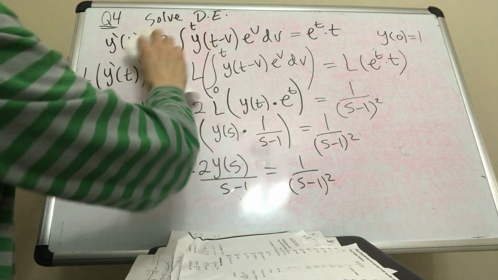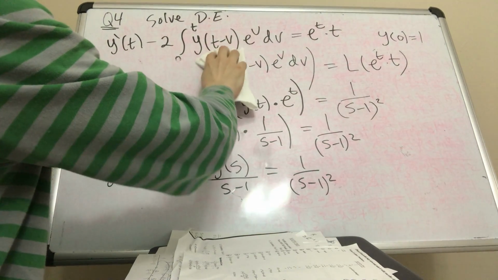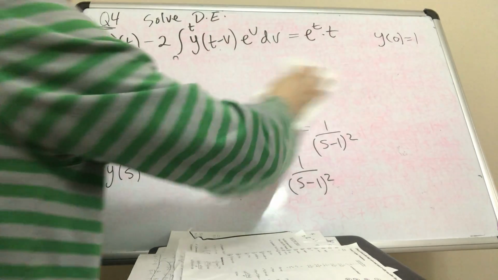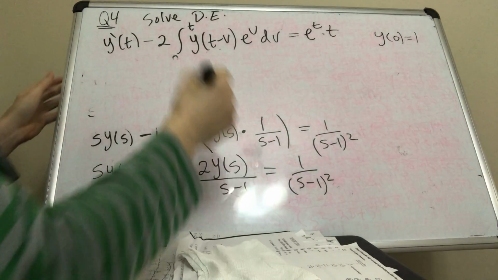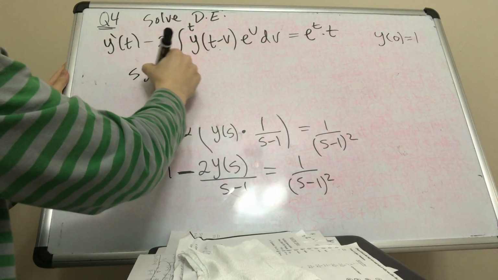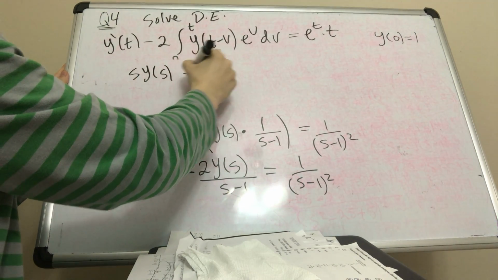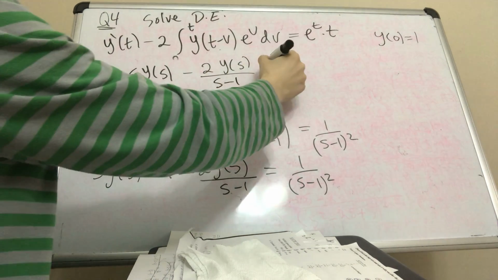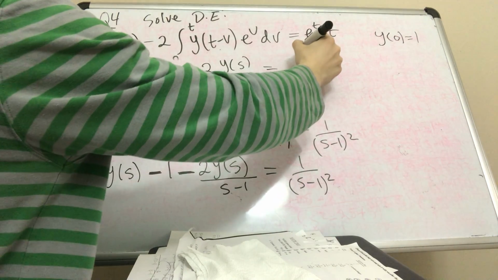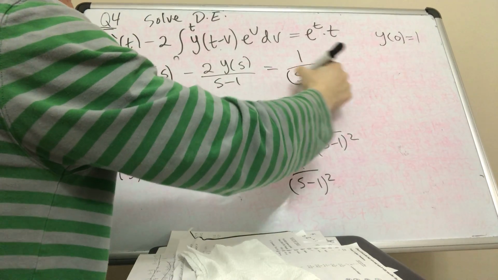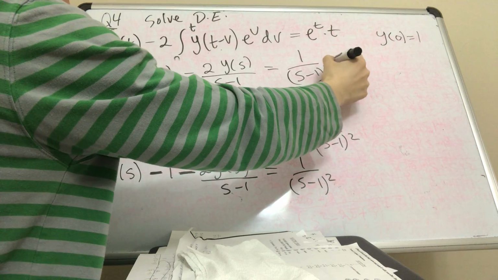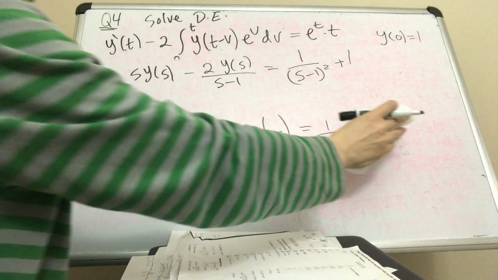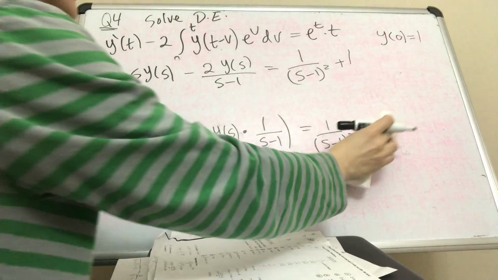I'll bring the 1 over, so we have 2 y of s over s minus 1, and you bring the 1 over, plus 1. All I did is bring the negative 1 over.